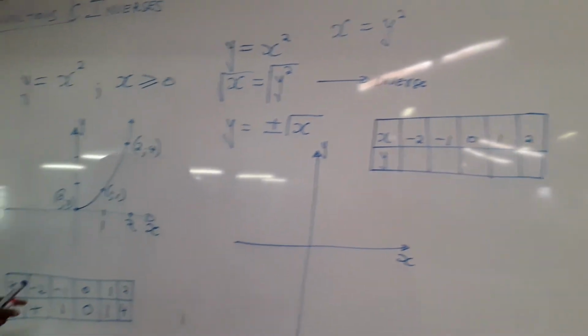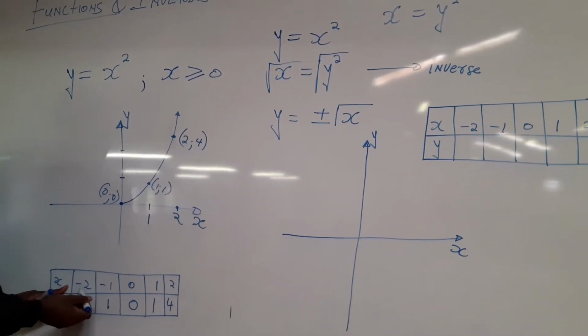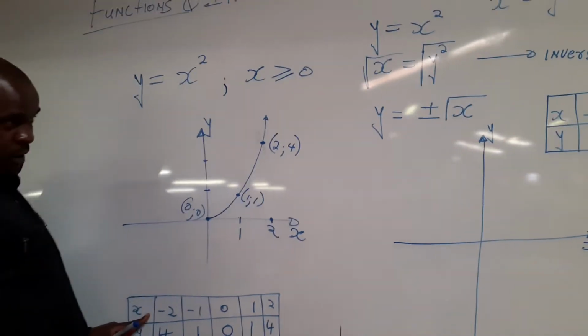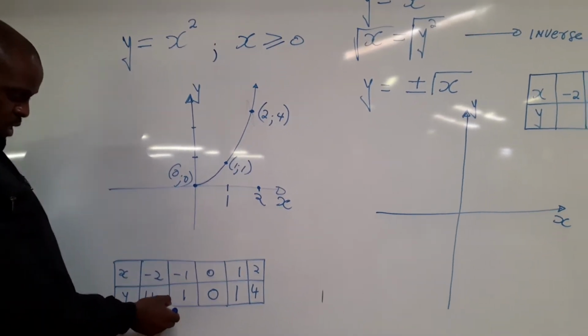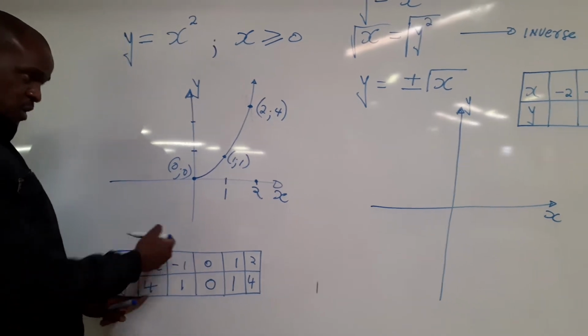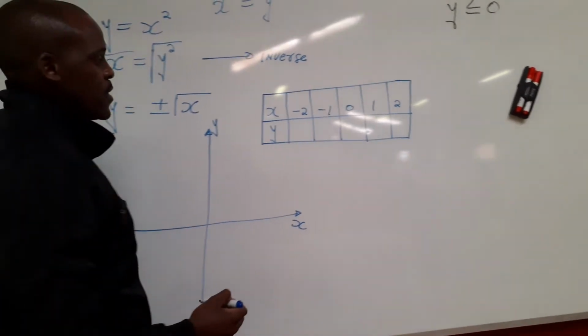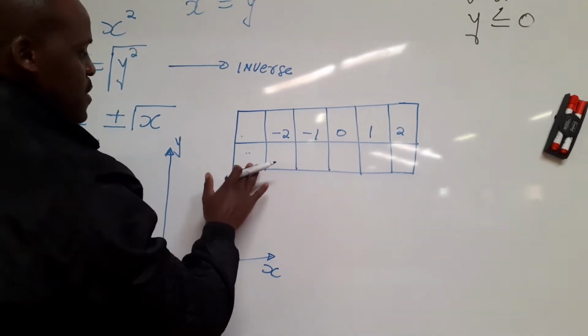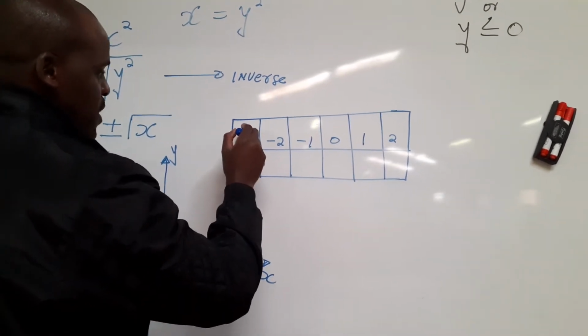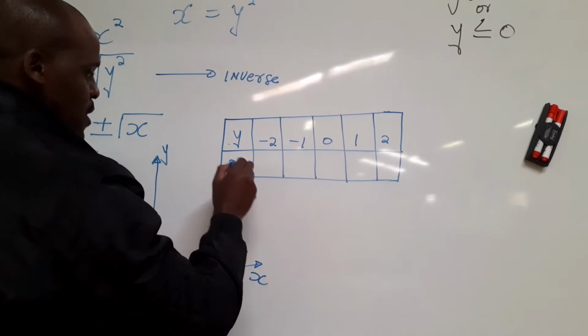So from this, x is negative 2, y is 4. That means now, since we are swapping the points, x will be equal to 4 and y will be equal to negative 2. Let's write it as y and x. Since it's the inverse, it's y, x.